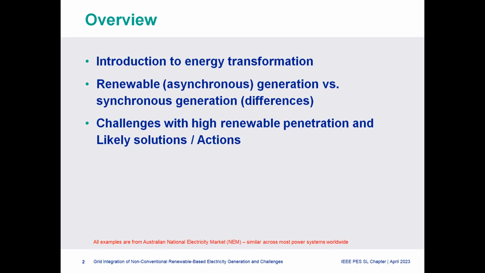Because if you have only 1 or 2 solar farms, wind farms, or only 5%, 10% of the total generation capacity, it's not a massive issue. But when you have 50% or even more of renewable generators in the system, there are major issues associated with power system planning and operation. So we'll discuss the issues, and also briefly, I will discuss the likely solutions that we are considering.